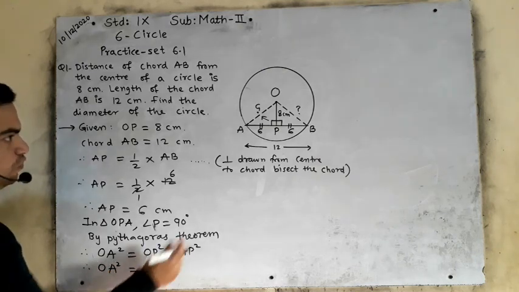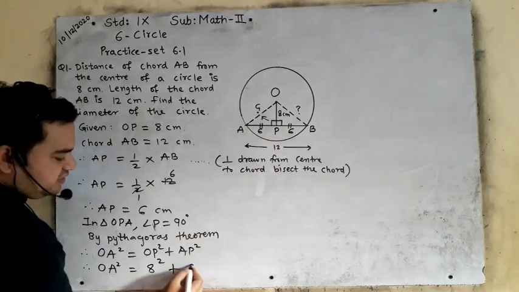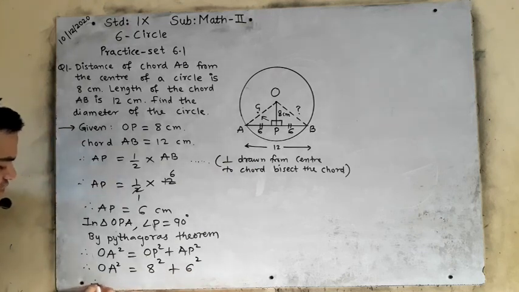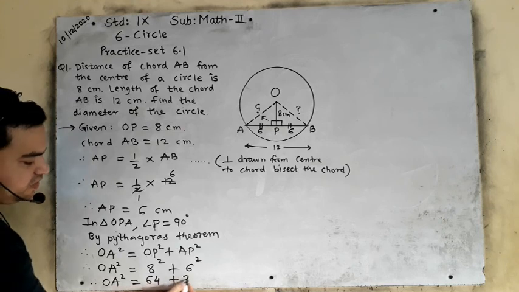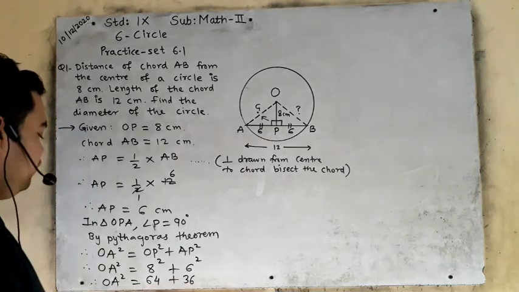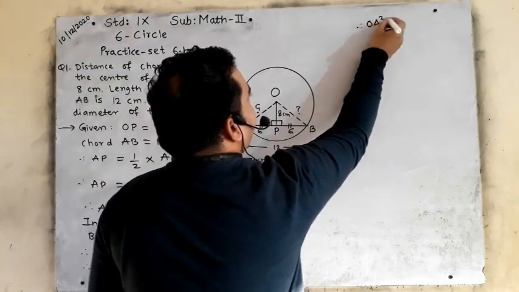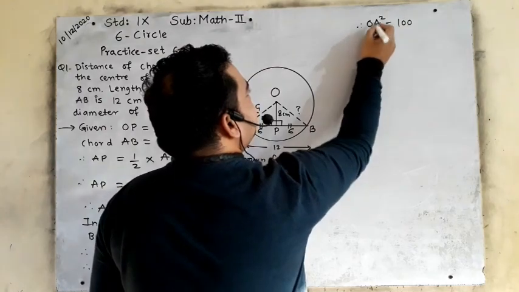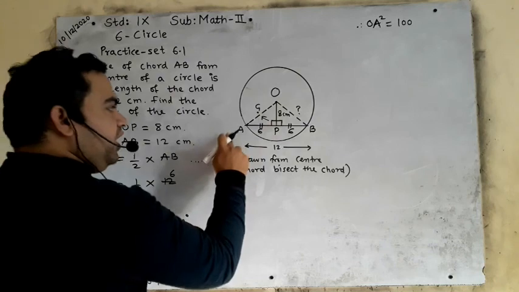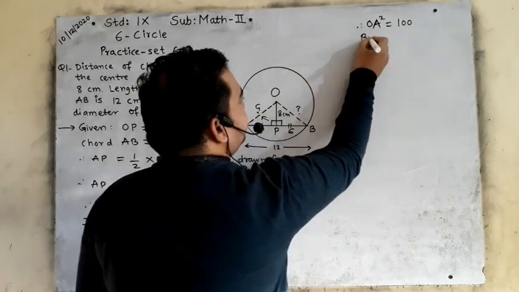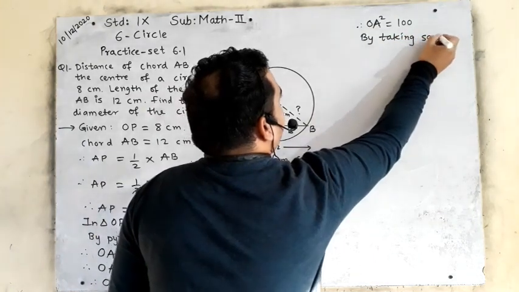OP is the perpendicular, that is 8 square. AP is 6, that is 6 square. So OA square is equal to 8 square, 64, plus 6 square, 36. Therefore OA square is equal to 100. Do we want OA square, or only OA? We want OA, so we will write by taking the square root.